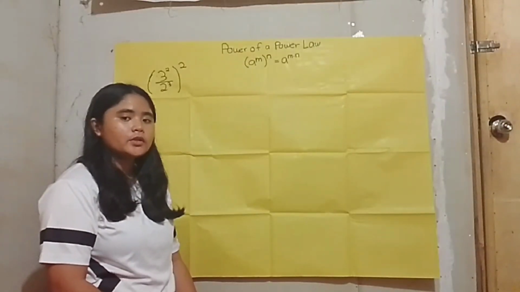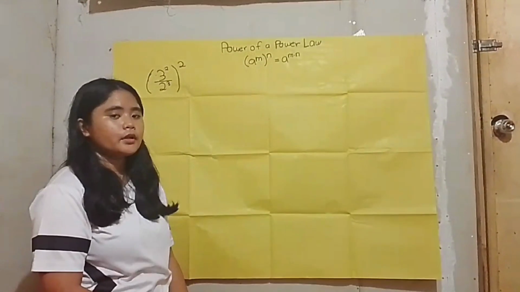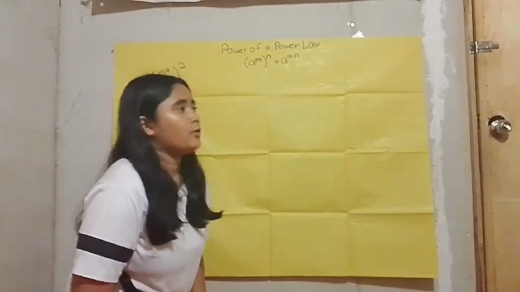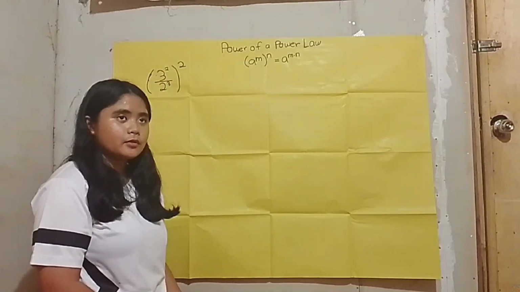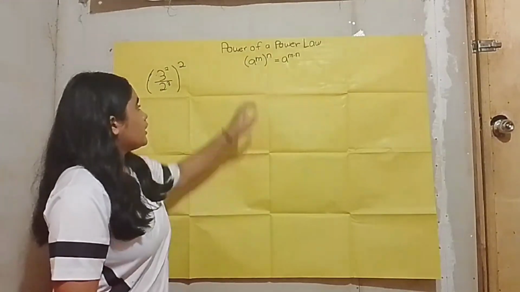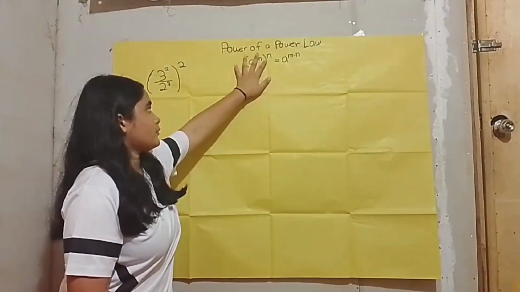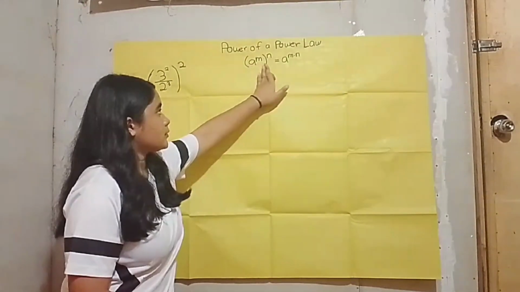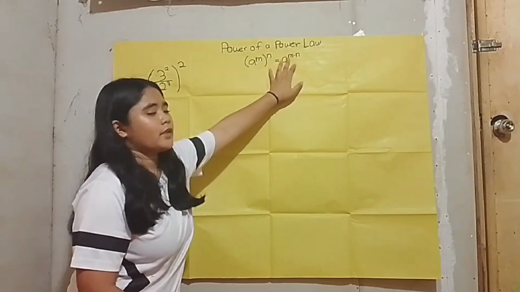Now, we are going to discuss the power of a power law. If a power is raised to another power, we simply multiply the exponents. So the formula is a to the power of m, parenthesis, to the power of n equals a to the power of m times n.